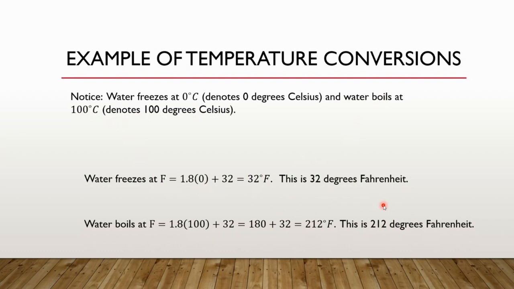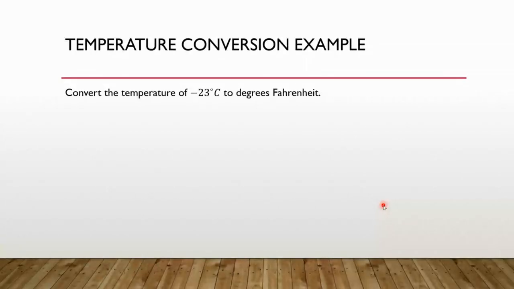Anyway, let's keep going. Here we're going to convert the temperature negative 23 degrees Celsius to Fahrenheit. Again, it's really just using that equation. We replace C with our temperature in degrees Celsius, which is negative 23. We plug it in, do our calculation, and get negative 9.4.